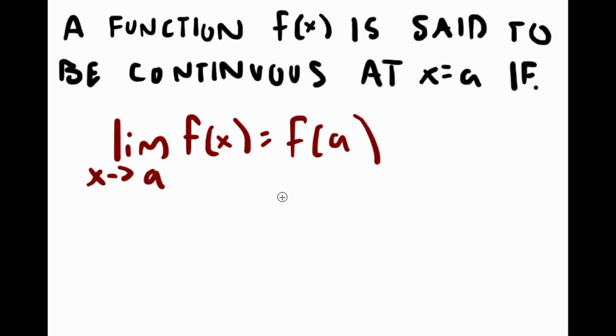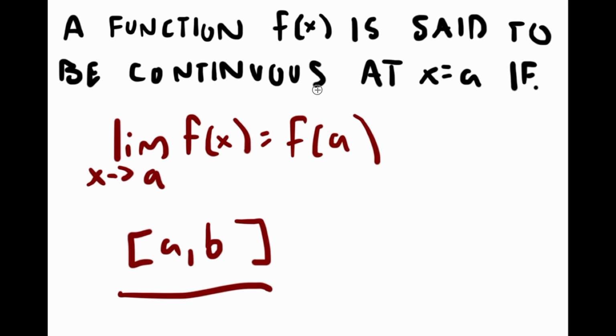A function is said to be continuous on interval a comma b if it is continuous at all points in this interval. So that's basically what it means for it to be continuous.